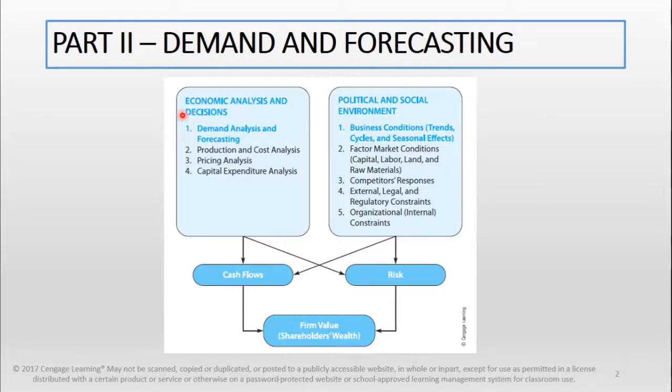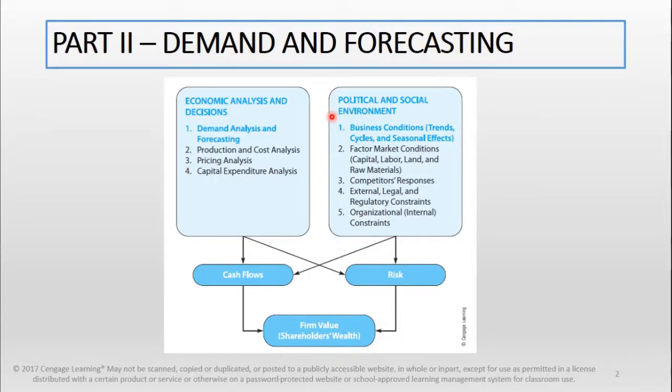So you have here those that involve economic decisions and analysis, which includes demand analysis and forecasting, production and cost analysis, pricing analysis, capital expenditure, which we will be discussing in future chapters.